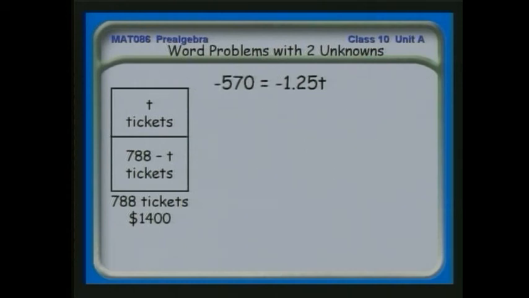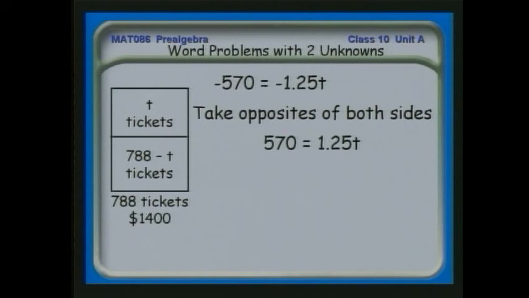Let's start there. But now, since we have a negative on both sides, let me just take the opposite of both sides to make those positive, get rid of those annoying negatives there, and divide both sides of the equation by 125, and I find the number of tickets sold to students is 456.